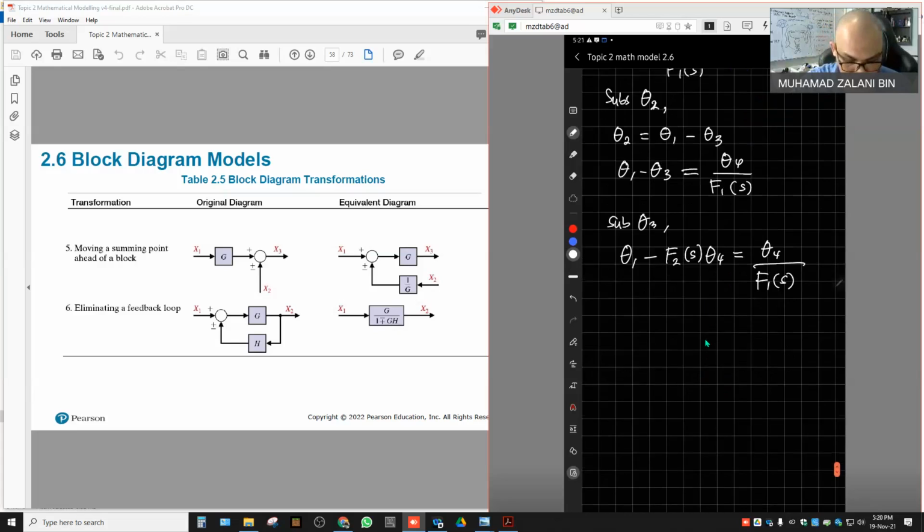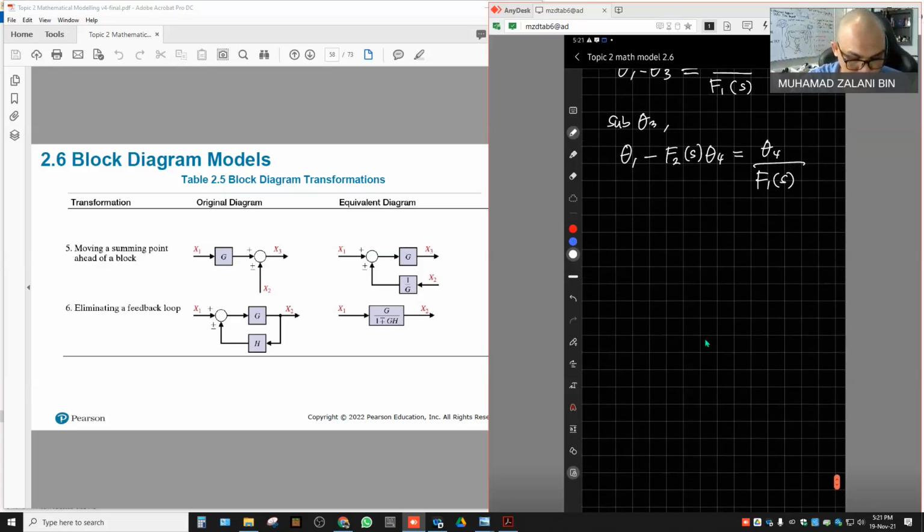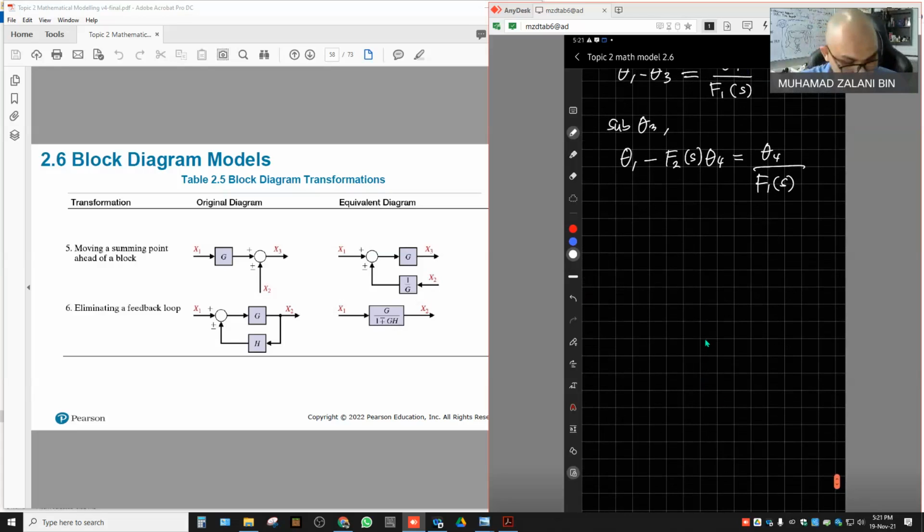Alright. So we have that equation, so that we can just rearrange it to do the mathematics.